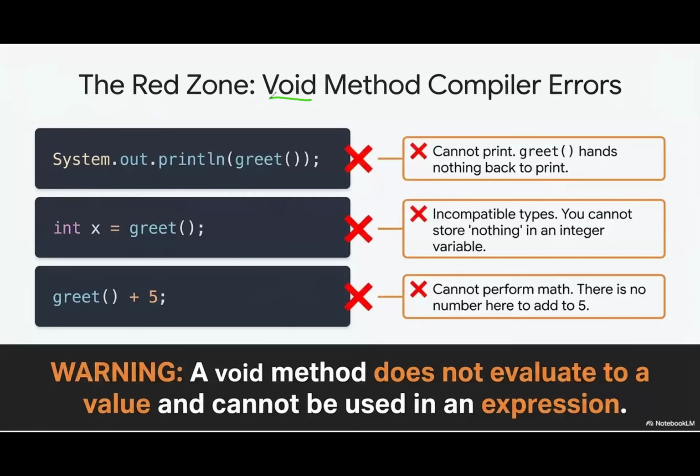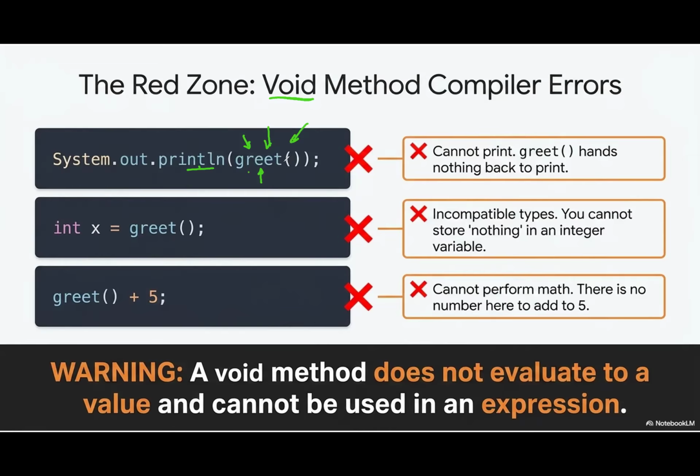If I use a void method like grade, I'm not able to put it in a print statement. Why? Because the method in itself prints something, but it doesn't return something that I can insert inside the print. The print line needs something to be printed, but grade does not return anything. So this kind of thing is actually not accepted.